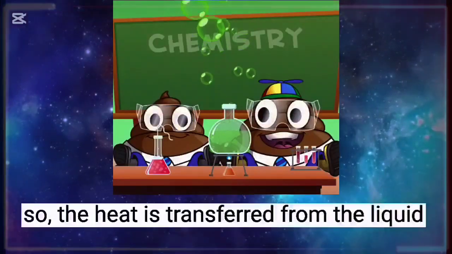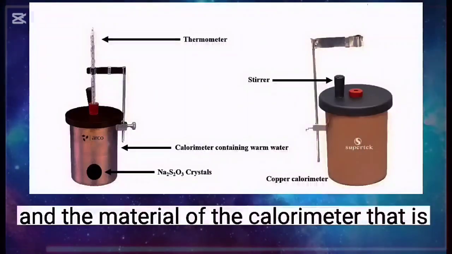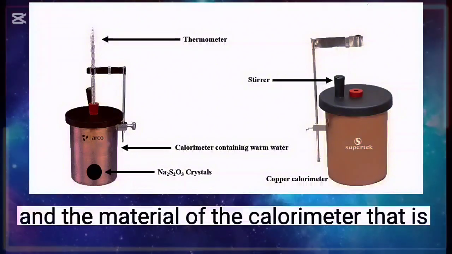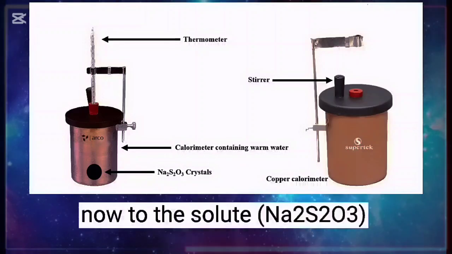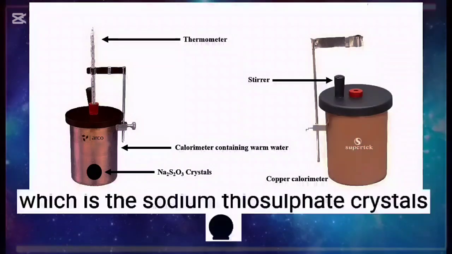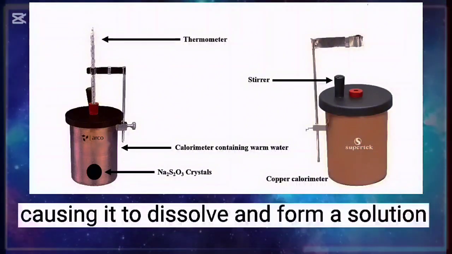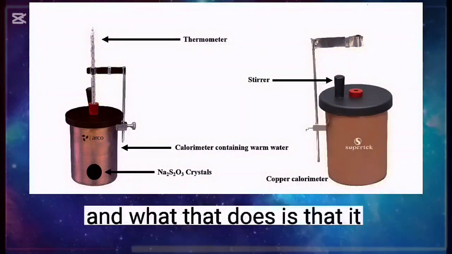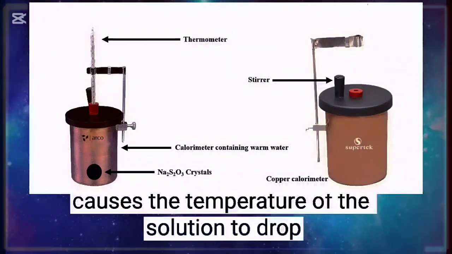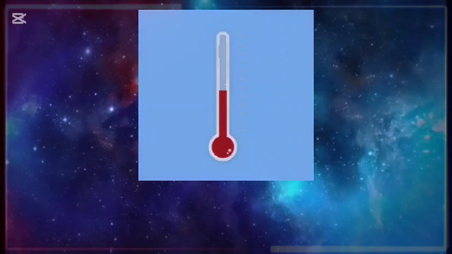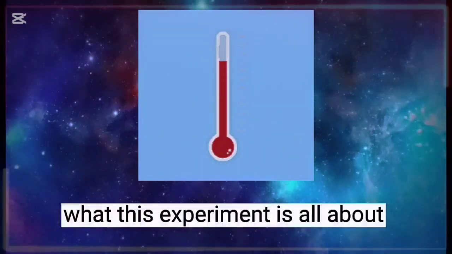So the heat is transferred from the liquid, which is the solvent, and the material of the calorimeter, that is copper, to the solute, which is the sodium thiosulphate crystals, causing it to dissolve and form a solution. And that causes the temperature of the solution to drop. That is essentially what this experiment is all about.